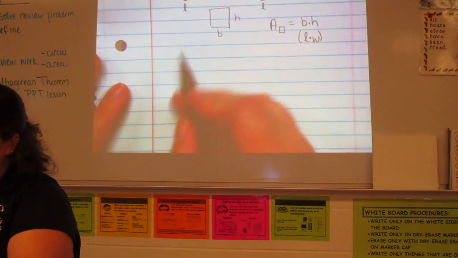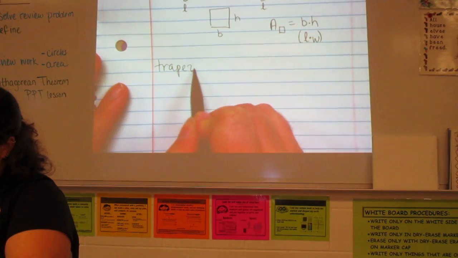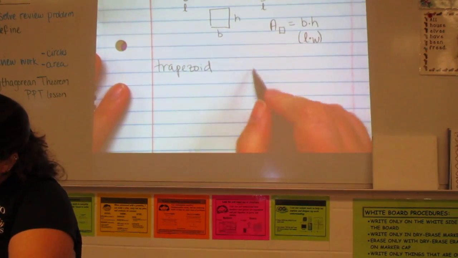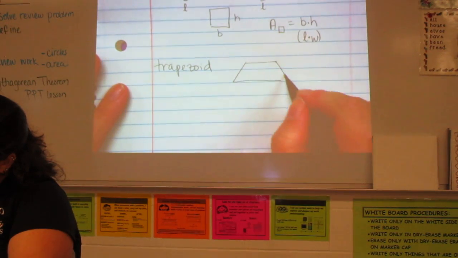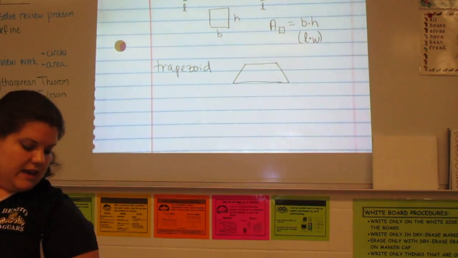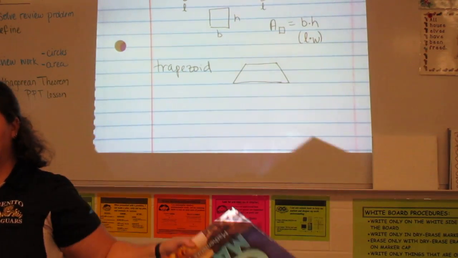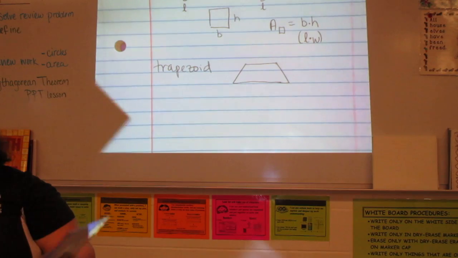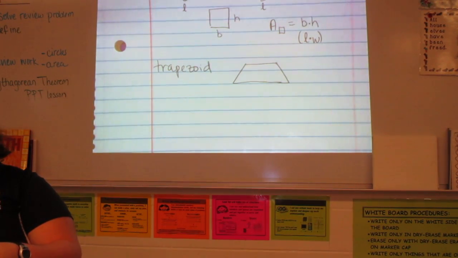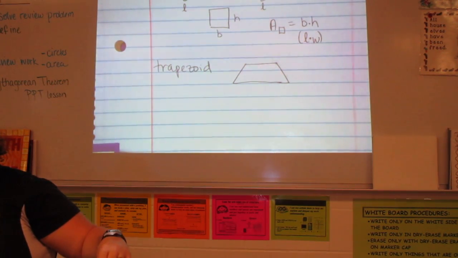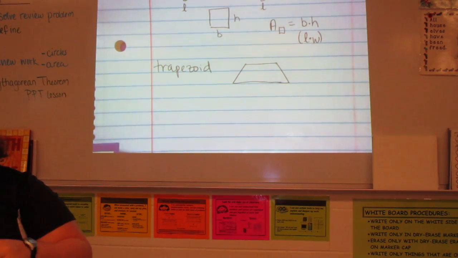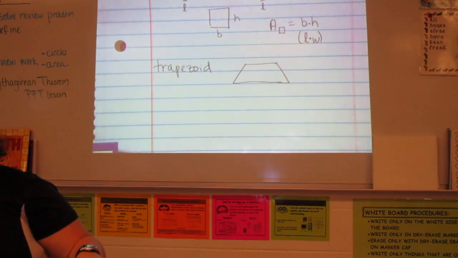Then you have your trapezoid, and the trapezoid, of course, looks like this. The formula for a trapezoid is a little long, and you can actually figure out the area of a trapezoid without using the formula, but I'm going to give you the formula anyway. I want to make sure I give it to you correctly.